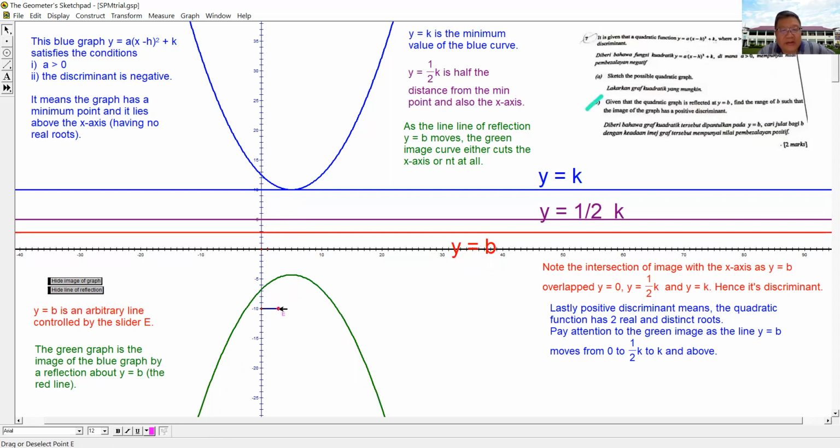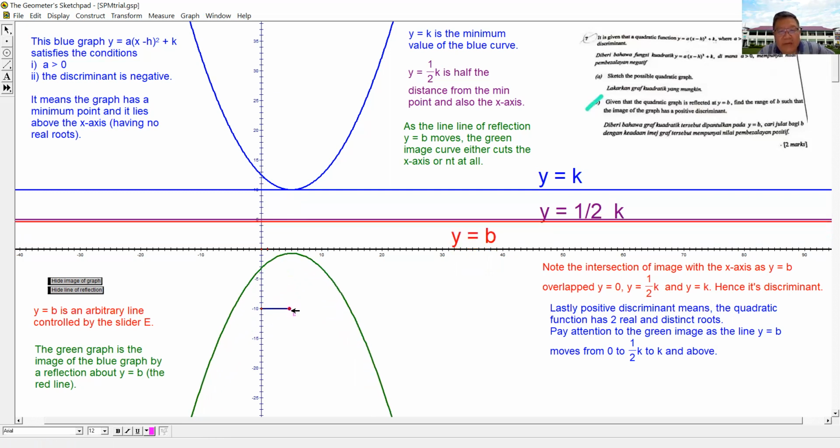When the value of b equals half k, the blue curve is reflected about this red line and the green curve touches the x-axis. So there is only one real root; that is, the discriminant equals 0.